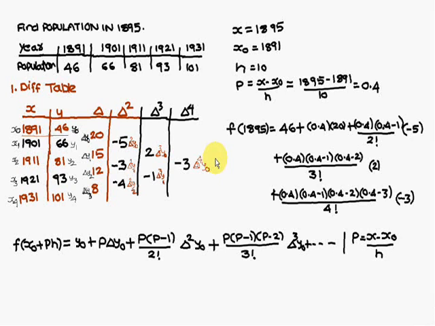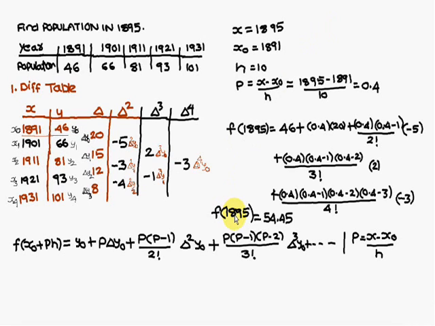So if you observe these values, 46, 20, minus 5, 2 and minus 3, these are the continuous values you have to substitute in the Gauss forward interpolation formula. Therefore f of 1895 you come across with 54.45.